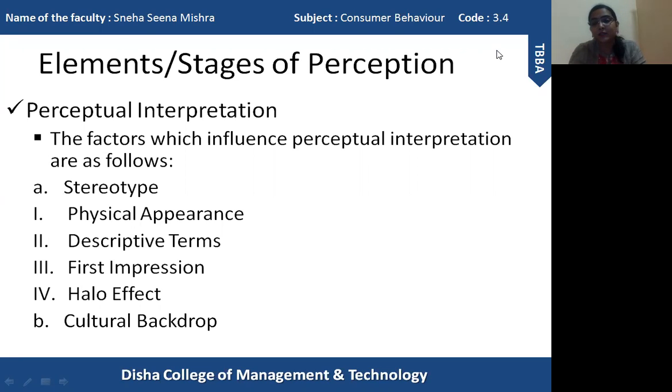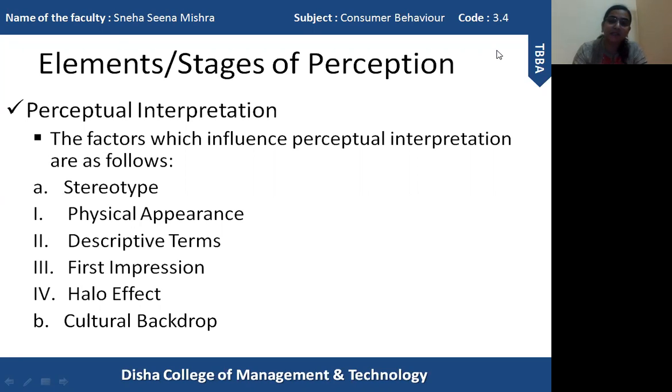So a particular company can use the corporate image, the brand image of the entire organization, of the entire company, and they can use it to promote a new product of the same company. So that is called halo effect. Because we assume that this product belongs to this company, it is definitely going to be a good product.